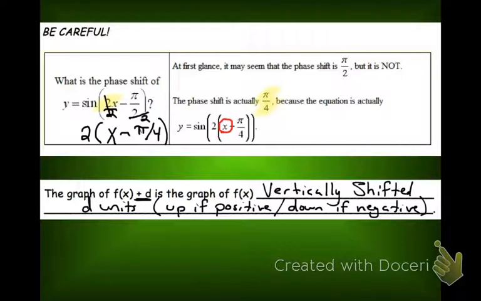So if you're tacking something onto the end there, which in this case they tack that d onto the end, it's going to shift either up if it's a positive d or down if it's a negative d.